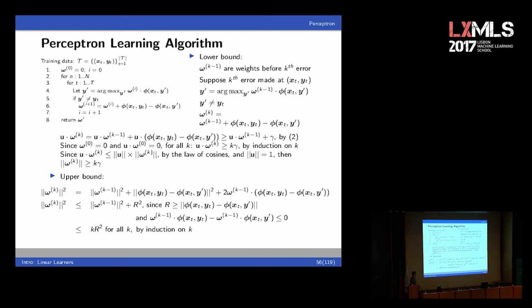Yeah? So we are running after the training examples and assuming that the training examples are separable by margin gamma. Then to do an upper bound, we can get a result that tells us the squared norm is less than or equal to k times r squared. How do we get there? We just unfold the square here.